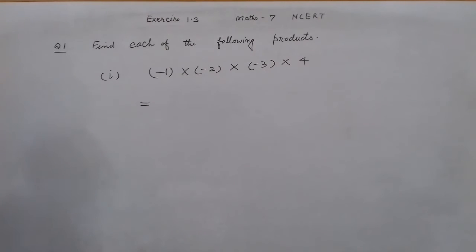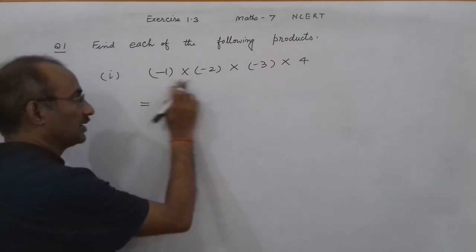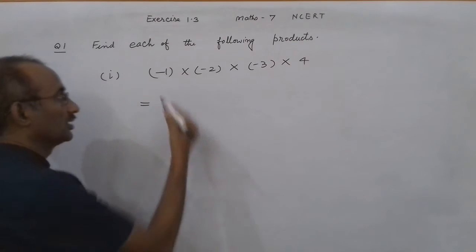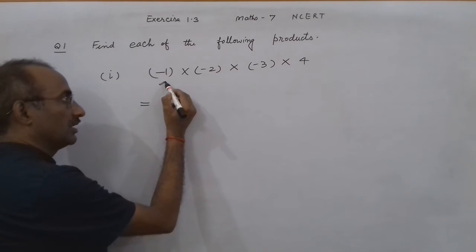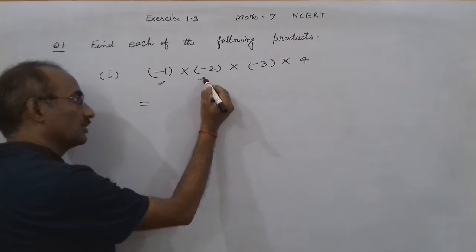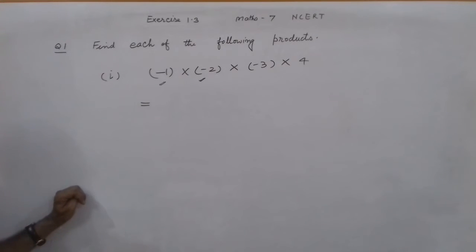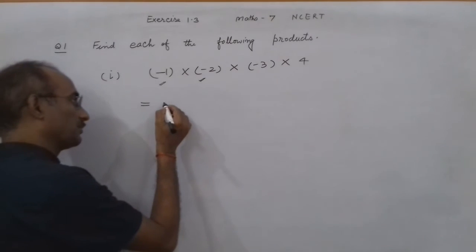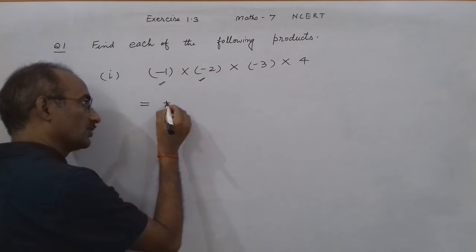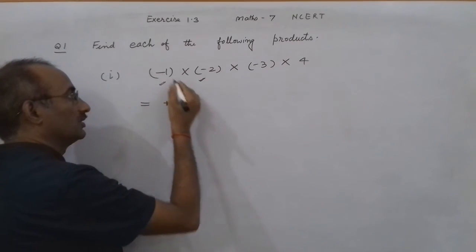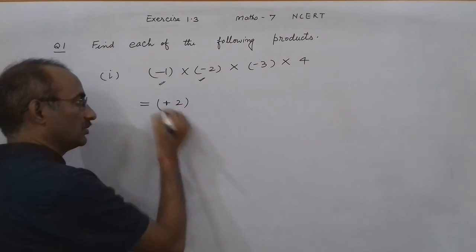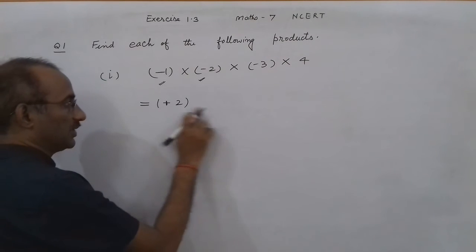So, first of all, we multiply -1 with -2. -1 is a negative integer and -2 is also a negative integer. If we multiply a negative integer with a negative integer, then we get a positive integer. So here we can write +2. 2 ones are 2. We write +2.